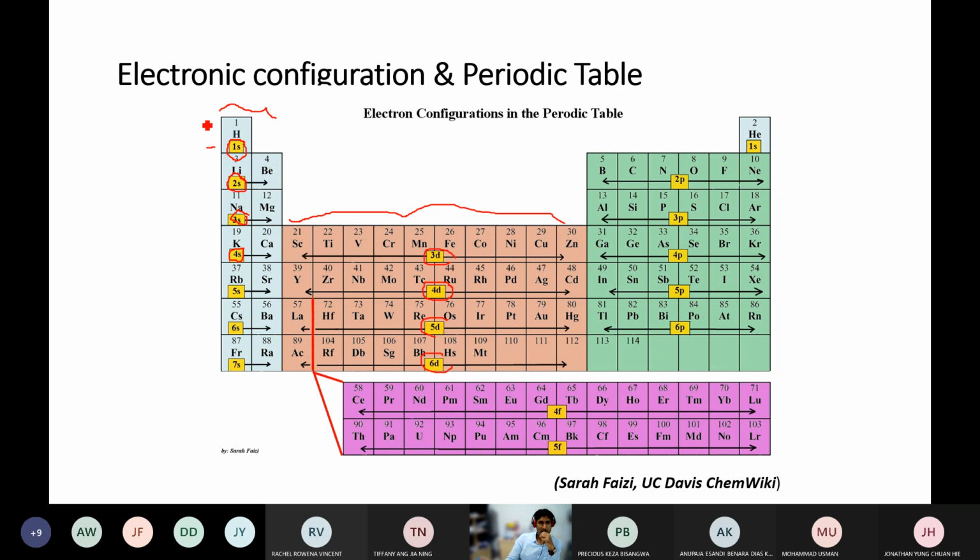So this is what we were talking about: they have been divided into S block, this is D block, and this is P block, right?